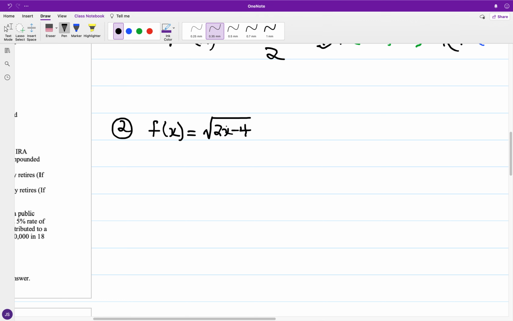If you notice, the nature of the function is a radical, and it is an even root function. If it's an even root, you're not going to have the domain consist of all real numbers. So for this part, 2x minus 4 cannot be negative.